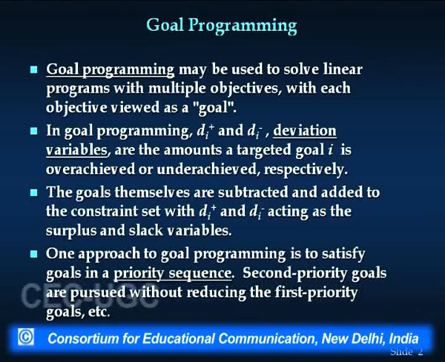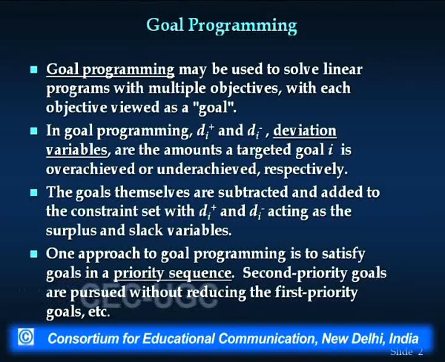In goal programming, di plus and di minus are the deviation variables, or the amounts a targeted goal i is overachieved or underachieved respectively. When it is overachieved, it has a positive sign. When it is underachieved, it has a negative sign.